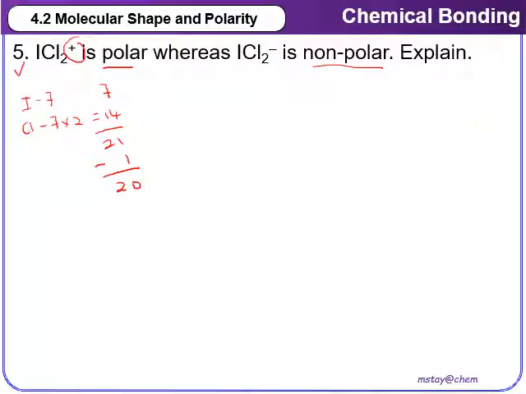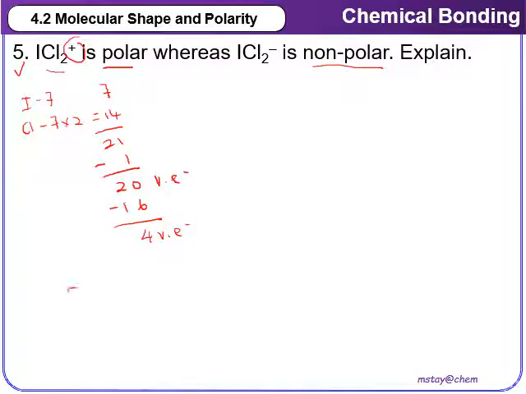So ICl2 positive has a total of 20 valence electrons. Here there are 2 terminal atoms, so I minus 16, each terminal atom with 8 valence electrons. The remaining 4 valence electrons means there is 2 lone pair electrons.